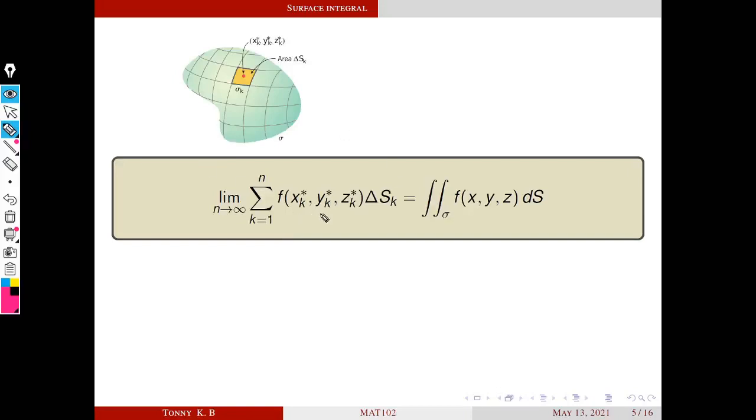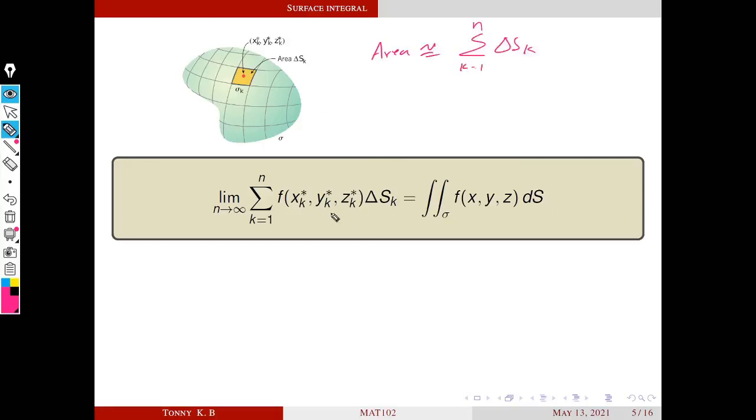Another application of surface integral is to find the area of a 3D surface. Suppose sigma is a 3D surface, then we can find its area using surface integrals. How? My question: for which function f does this sum give the area?